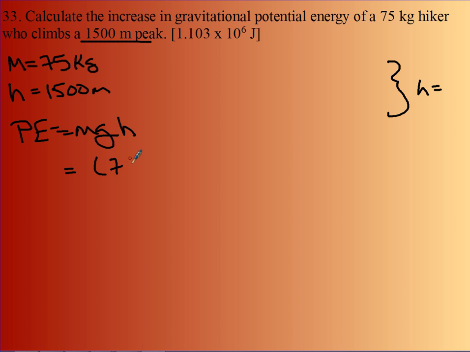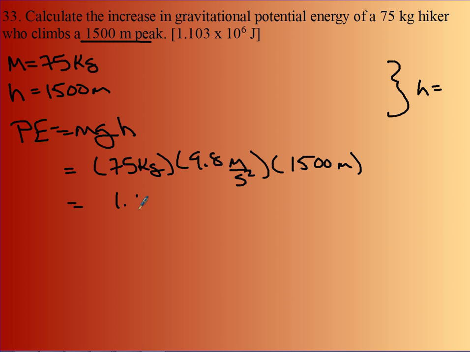The mass is 75 kilograms. g is 9.8 meters per second squared. And the height is 1,500 meters. Calculator, you get 1.103 times 10 to the 6 joules.